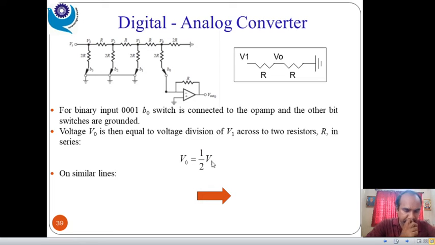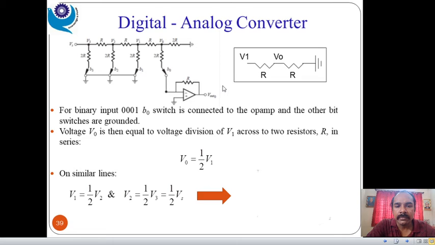Very simple. Similarly, V1 is equal to half of V2, V2 is equal to half of V3, and so on. This is the half of this one, this is the half of this one, and this is the half of this one. In this pattern, we can obtain the different voltages at this point based on the input binary patterns.